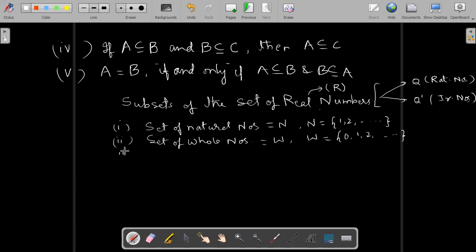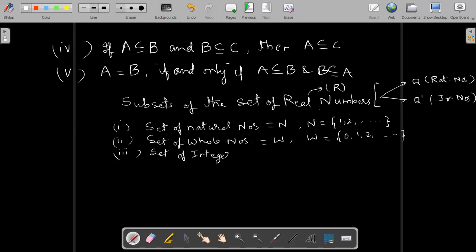Third, the set of integers. You can further divide it into positive integers and negative integers. We are taking all the integers together. So the set of integers is also a subset of real numbers.